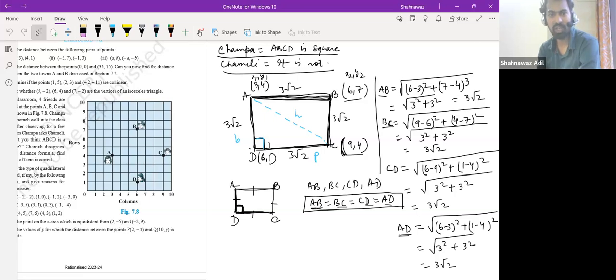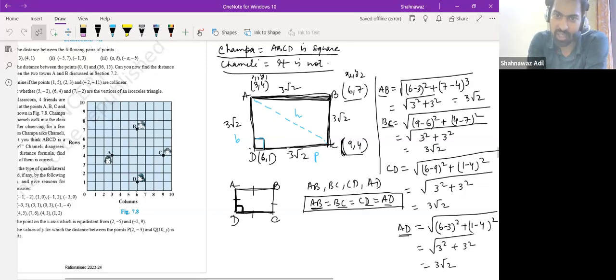If we prove that perpendicular square plus base square is hypotenuse square, then we prove that the triangle is a right angle triangle, right? So ADC is a right angle triangle, which means that D is 90 degrees.